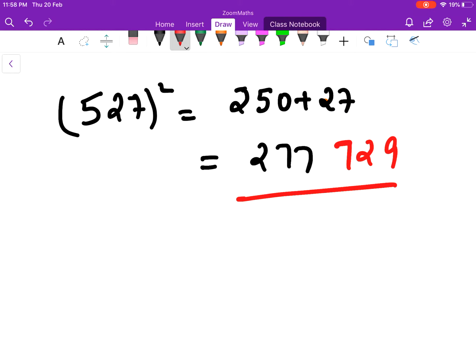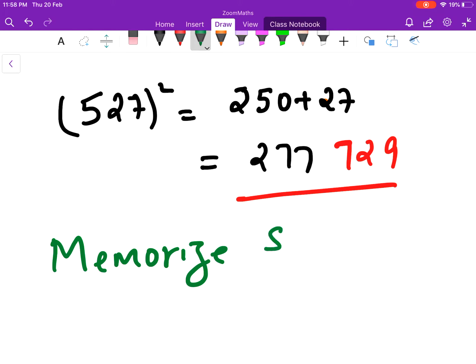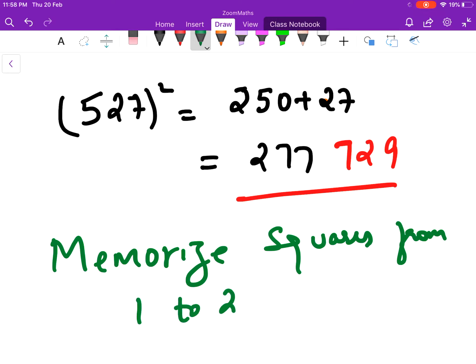It's always prudent and better to memorize squares. Please memorize squares from 1 to 25.